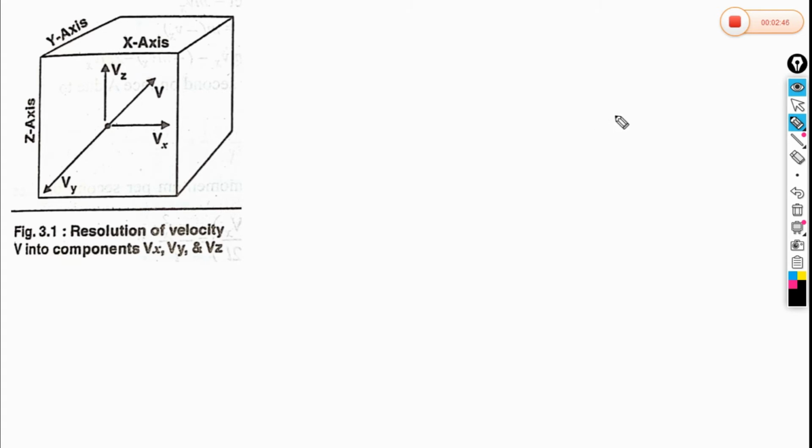Let us consider a certain mass of gas enclosed in a cubic box, as shown here.